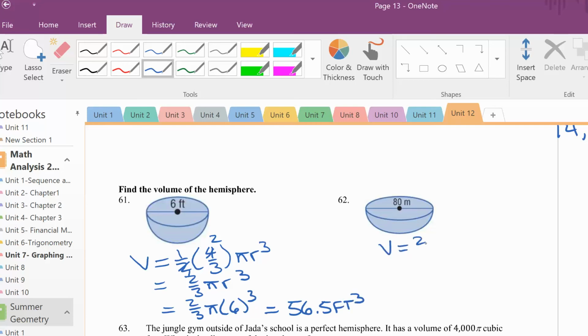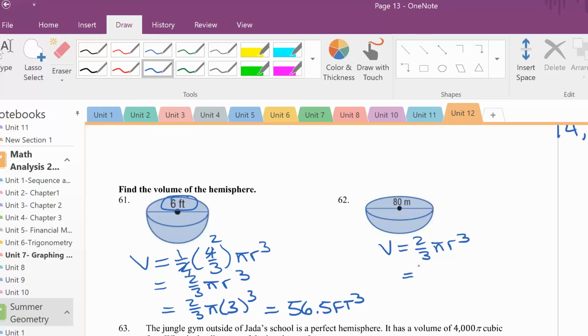So here it's 2/3 pi r cubed. And now this, sorry, let me go back to 61. Sorry, this is the diameter, so I should have put 3 as the radius. And it still gives you 56.5 cubic feet, but the radius is 3.